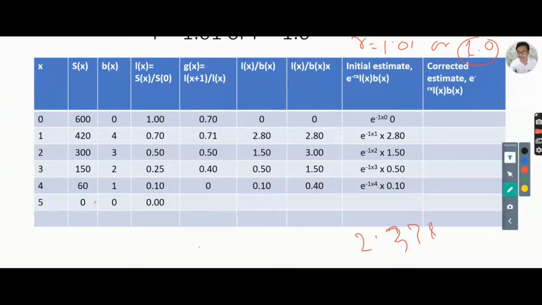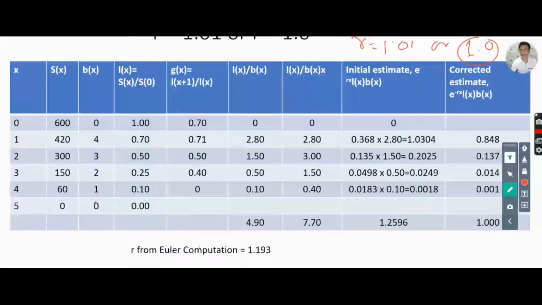I forgot the value of e, right? Just remember the number 2 point something it was, 2.7187. So this to the power minus 1, this to the power minus 2. Likewise you can go on calculating the whole of these expressions, and you'll get the data. It will come like this, right?